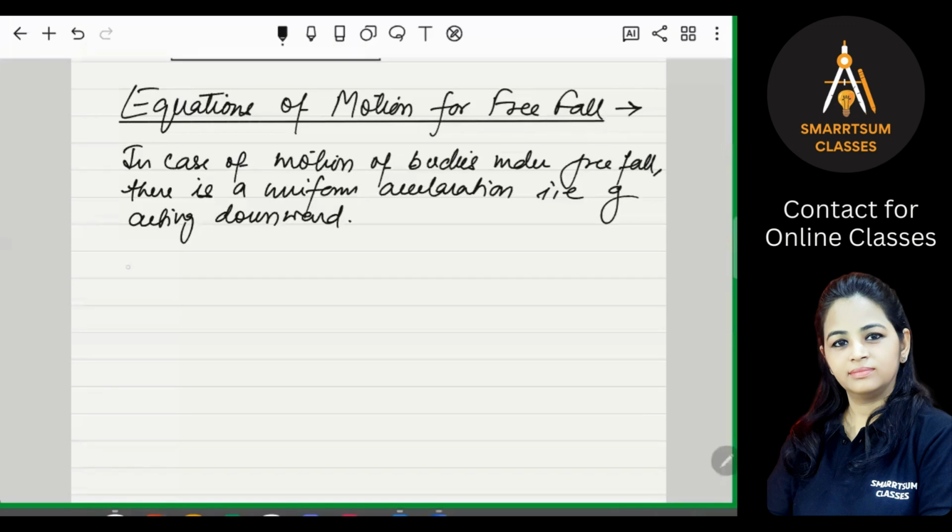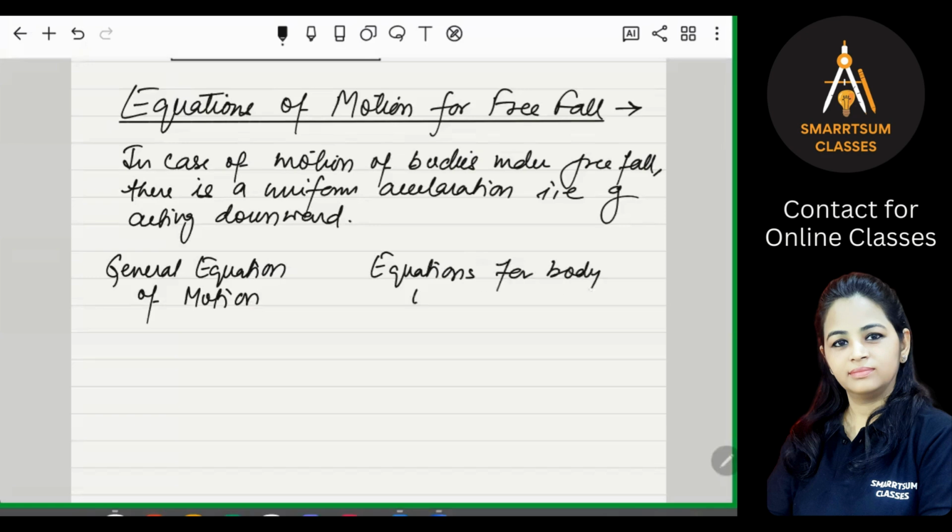So the general equations of motion which we have already studied, and the equations for a body under free fall.